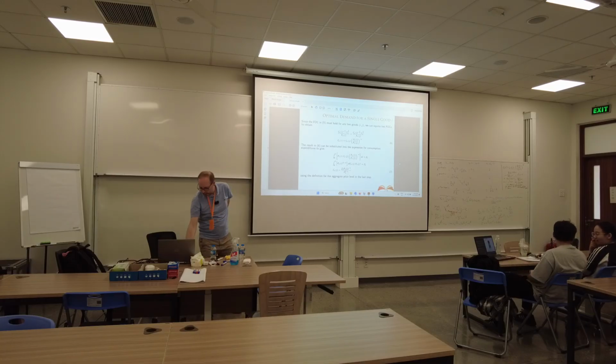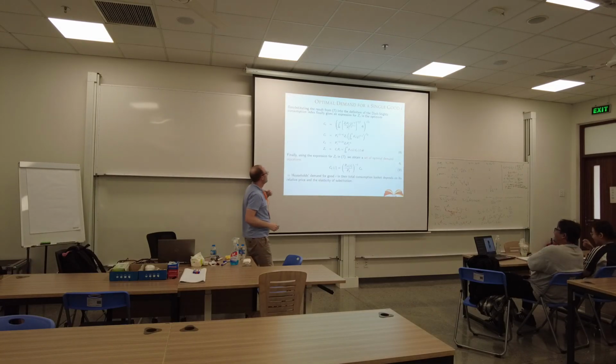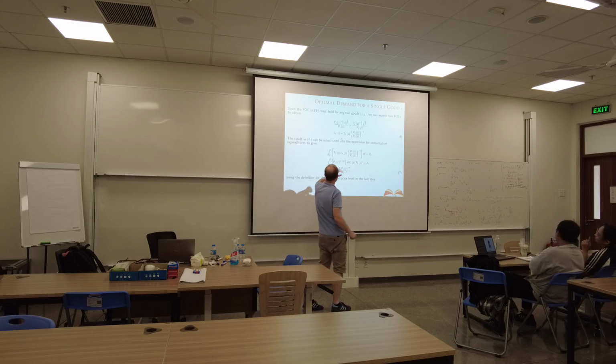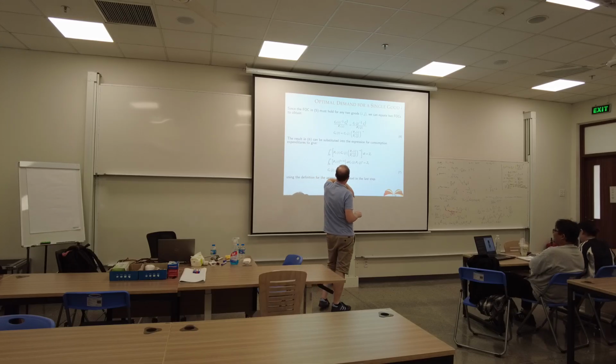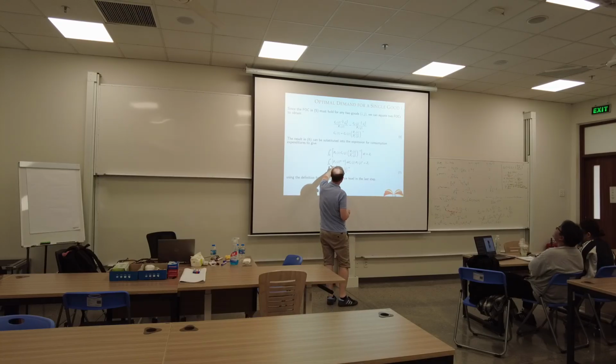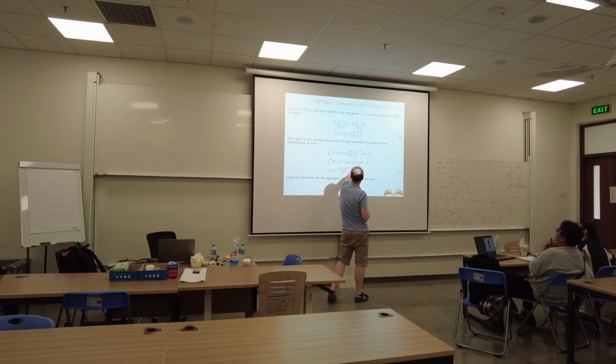We can then take one of these, take it to 6, put it back into our expression for consumption and our budget constraint. We can pull out some individual good.